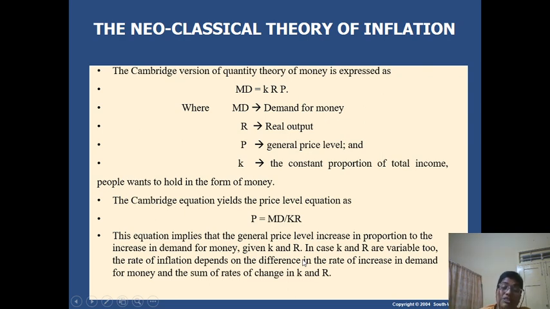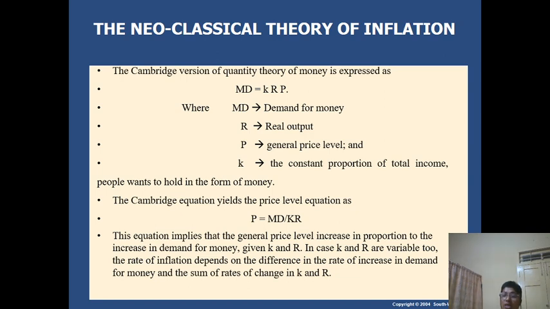Now it may be a little confusing here. As you know, MD is equal to kRP, and k is the constant proportion of real income which people want to hold in terms of money. Here k is assumed to remain constant, and R also, and in that case price level directly depends upon the demand for money.